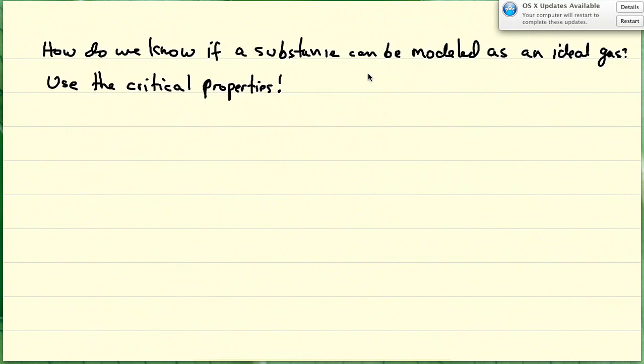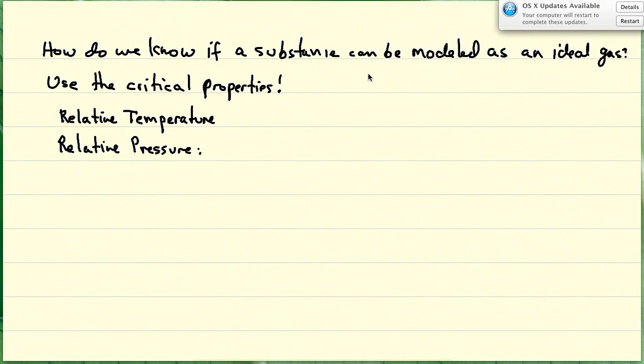And we define something called the relative temperature and the relative pressure. These two are respectively defined as follows. The relative temperature, which we use the capital T subscripted with the letter R to stand for relative, is equal to the temperature of the substance divided by its critical temperature.